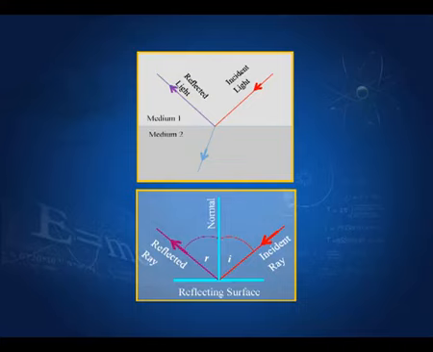And the other law which governs reflection is that the incident ray, the reflected ray and the normal at the point of incidence, they lie in the same plane. What does it mean?